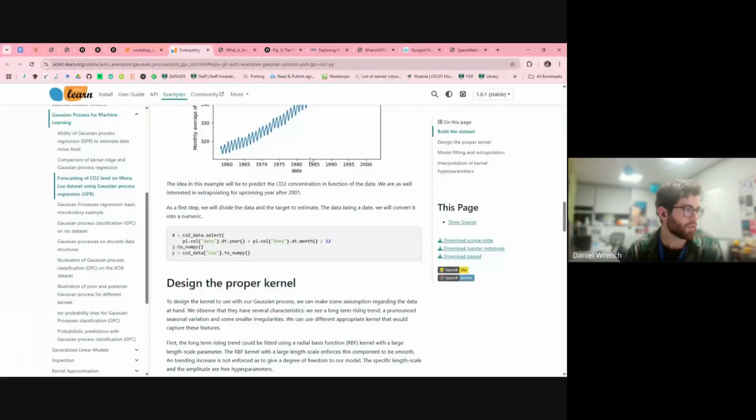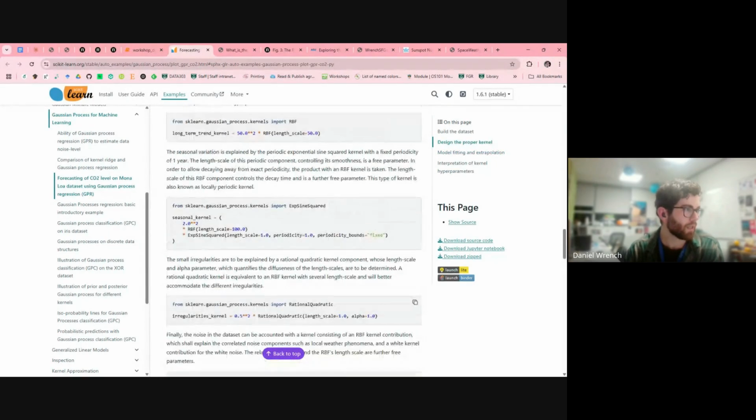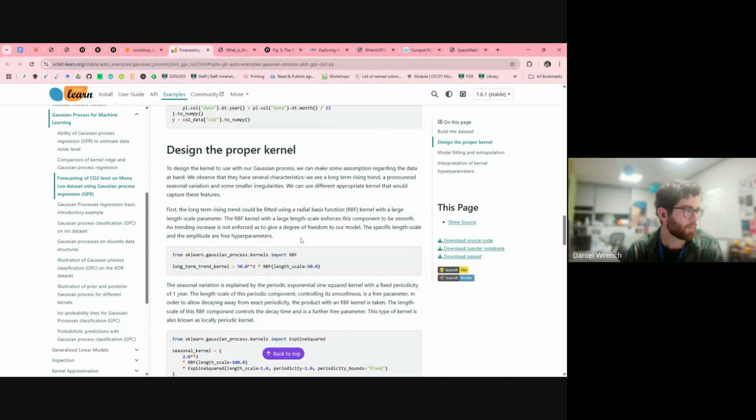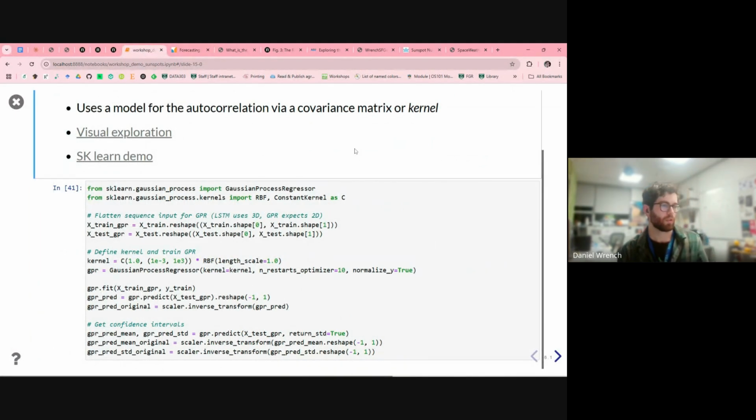So yeah, scikit-learn has a nice demonstration as well about choosing your appropriate kernel, capturing that periodicity properly. They're using a sine squared kernel to capture that there. Okay, that's done. Good.